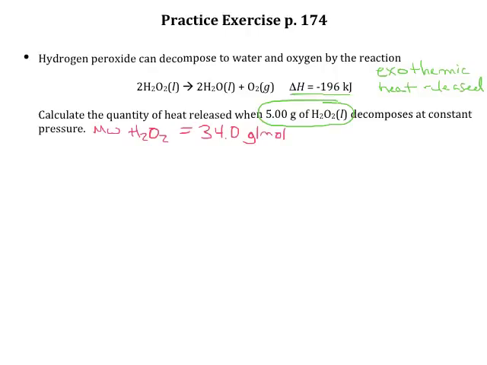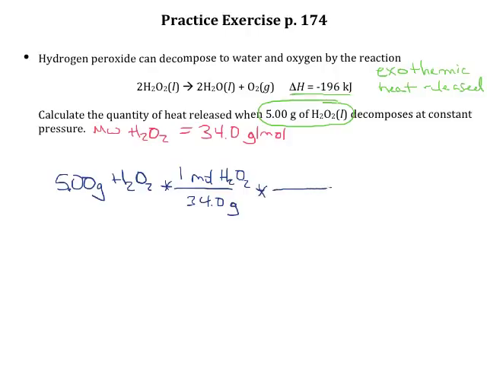So now we're ready to start our stoichiometric calculations. We're going to start with our 5.00 grams of H2O2. We know that 1 mole is 34 grams.